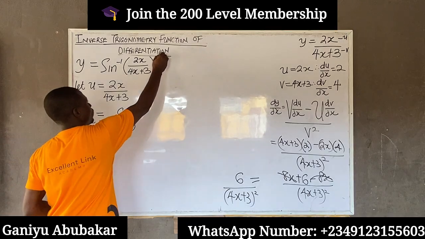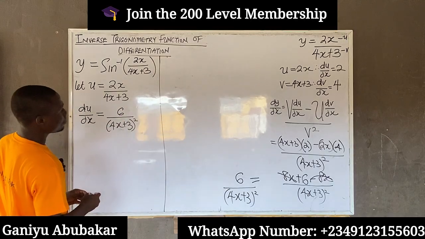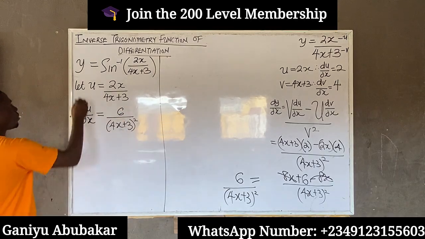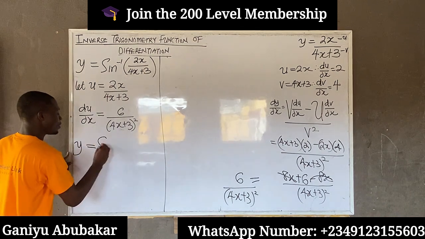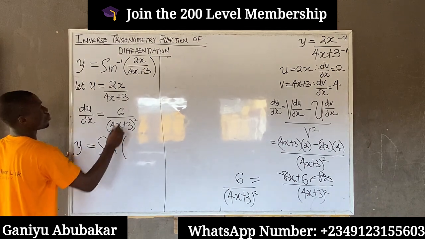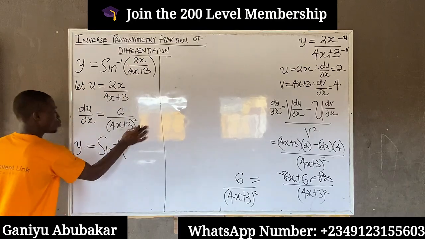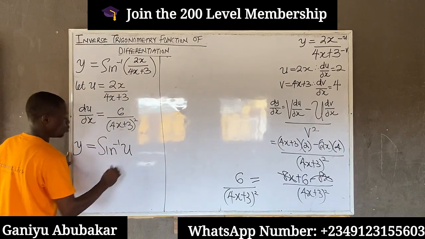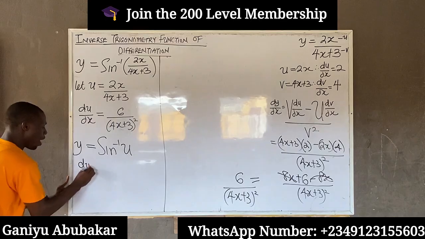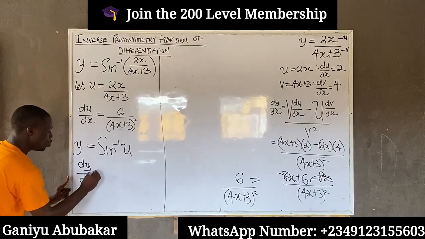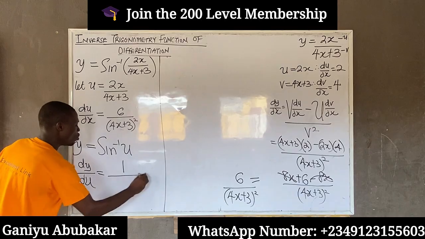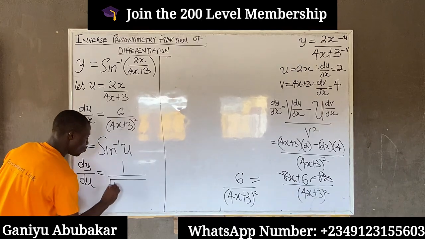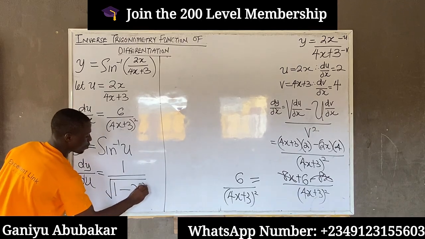My next priority is to go back to the question. I have that y is equal to sine inverse of this stuff, which is now u. So change it as u. From here, dy over du will be equal to, if I differentiate sine inverse of u, 1 over root 1 minus x squared.